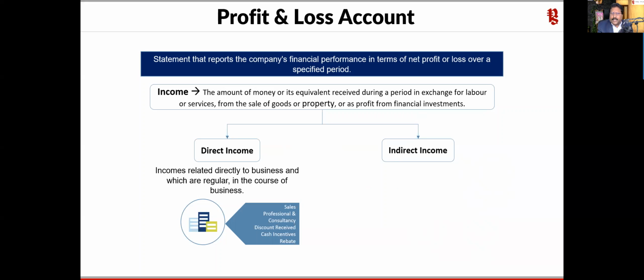Then the other things you will consider as part of your direct income are the discounts you receive, the cash incentives, and the rebates. Generally, in consumer durable goods, you must have heard relatives or friends' parents who run a consumer durable showroom say that once a year, after the end of the financial year, the distributor or manufacturer takes them on a foreign tour.